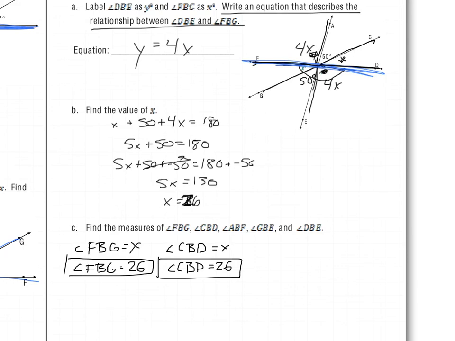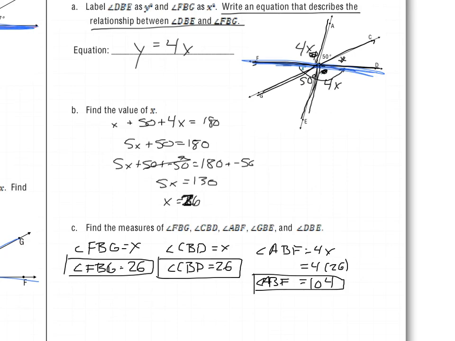That one we have labeled as 4x, so angle ABF is equal to 4x, which would be 4 times 26, which is 104. So angle ABF is equal to 104.